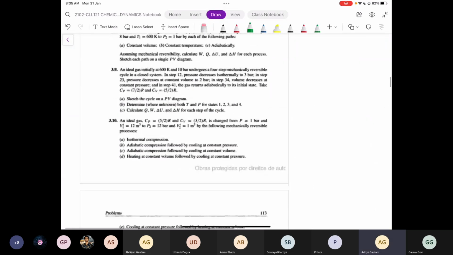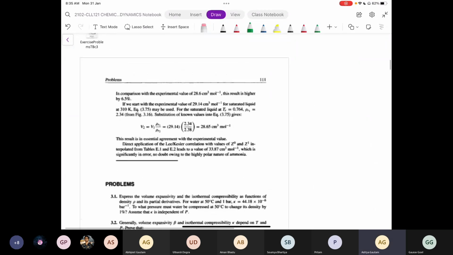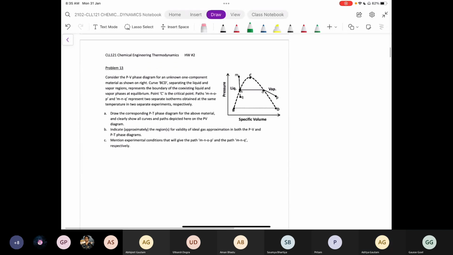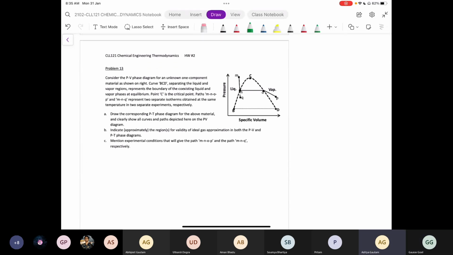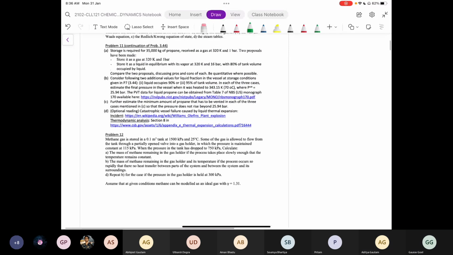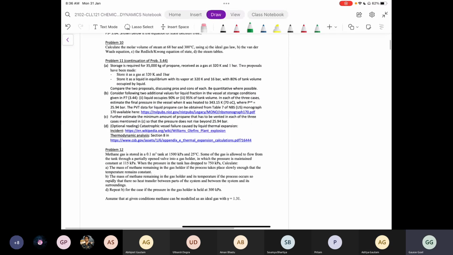Can you tell us how to read those tables of the generalized correlation for saturated liquids? Problem 12, I will advise you, is not that straightforward, so try to solve it first, and once you try, you can ask me questions.